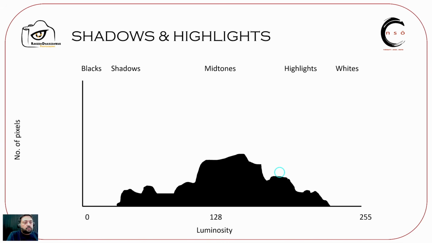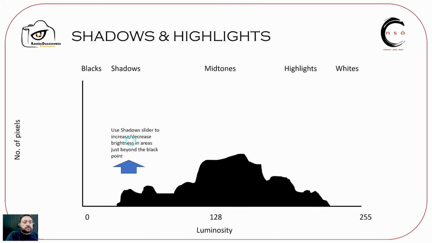Now, what happens when we have a histogram which is fairly okay? There is some space here, some space here, and we see the image at that point in time, and then we understand if we still need some shadow details to be taken out, or some highlight details which we would want.